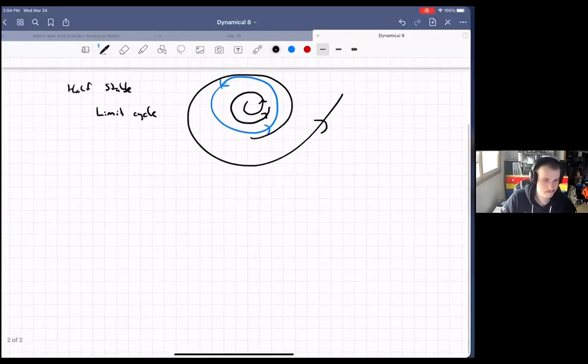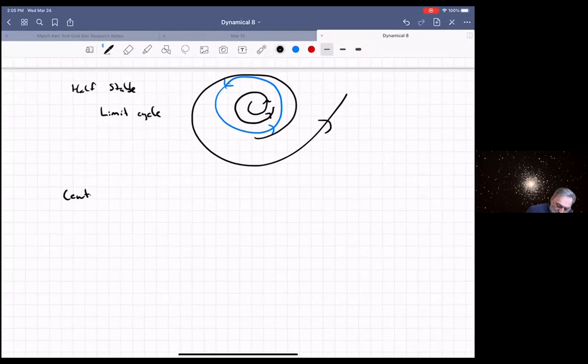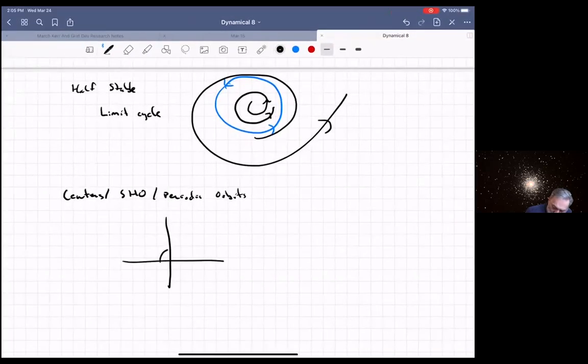Now, centers, simple harmonic oscillators, periodic orbits. So if you have something that looks like this, these are not limit cycles.